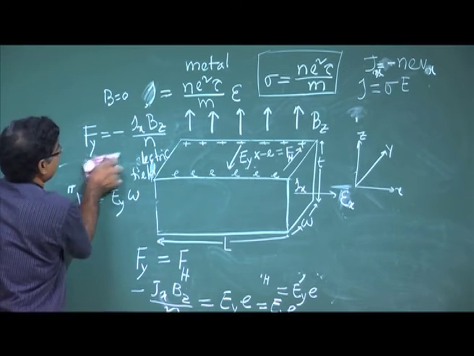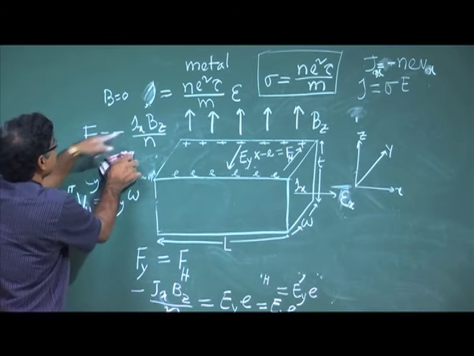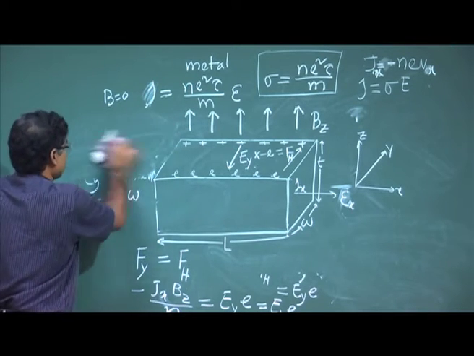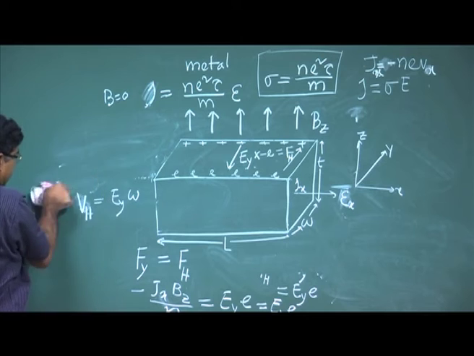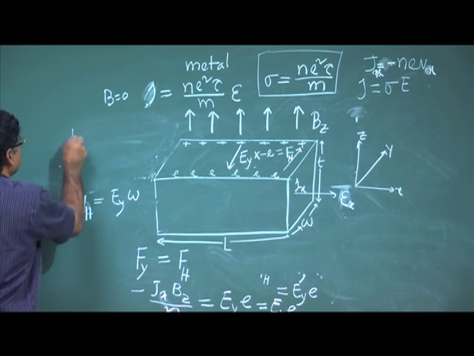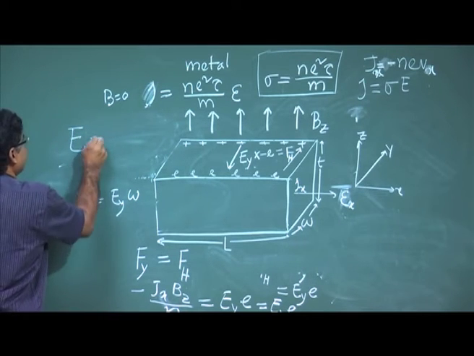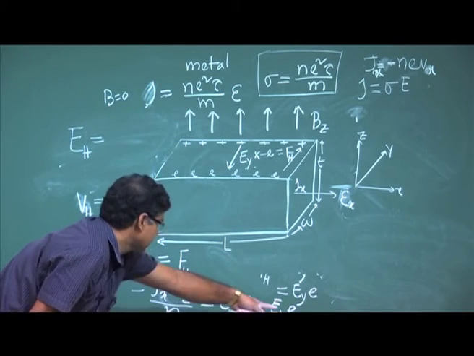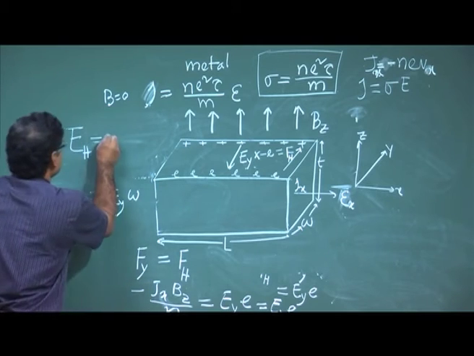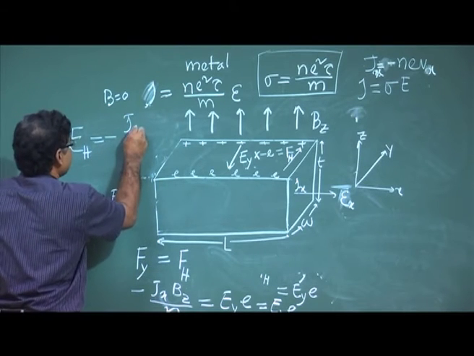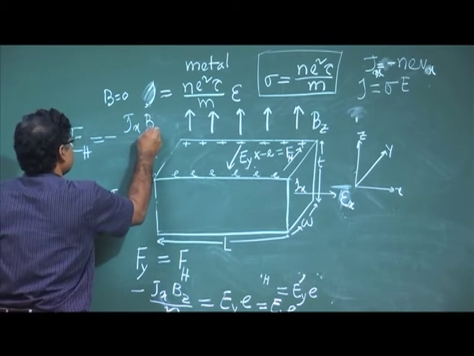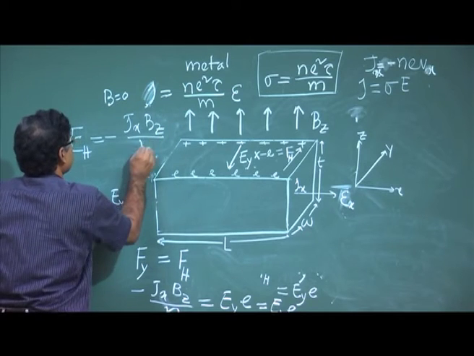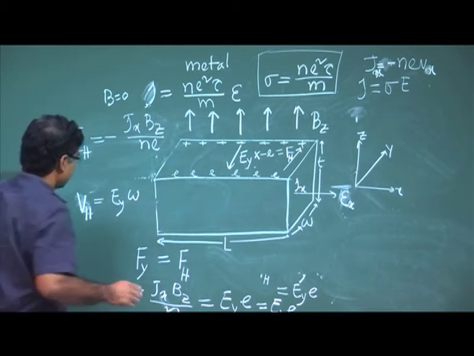Hall electric field equal to this, just divide by n. So, I am getting minus j_x B_z by n, right.